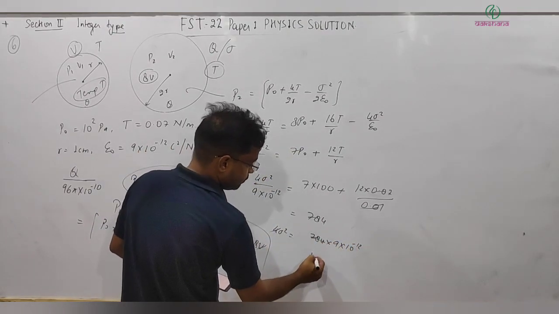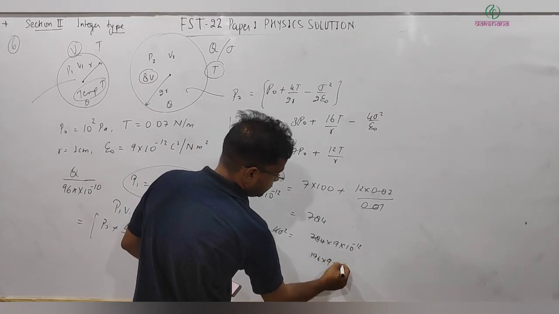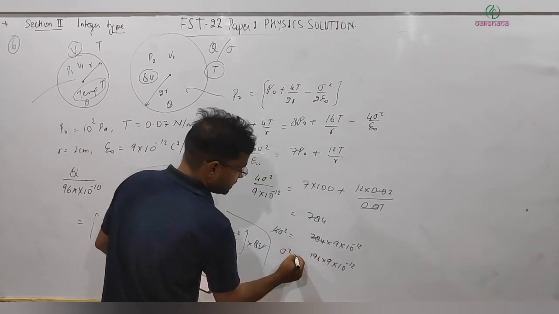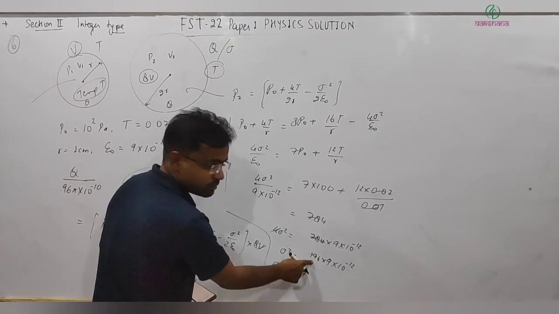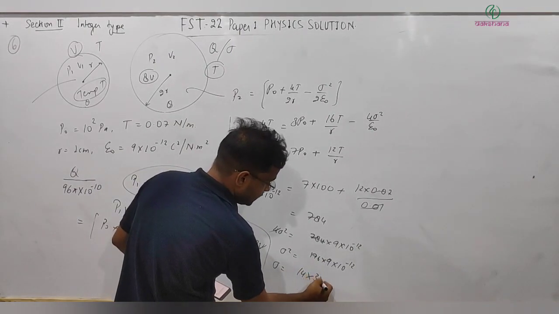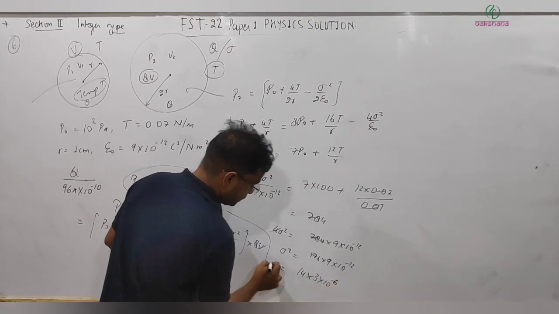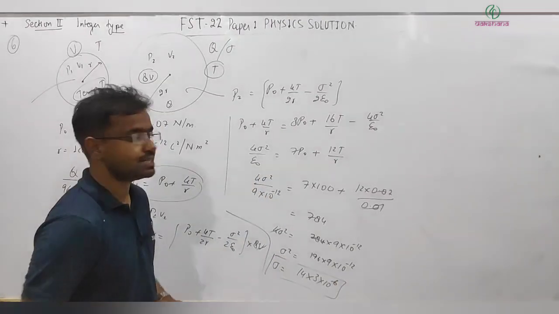So sigma square is 196 into 9 into 10 to the power minus 12. Now I can take the square root, so sigma comes out to be 14 multiplied by 3 into 10 to the power minus 6. So we get the value of sigma, the charge density.